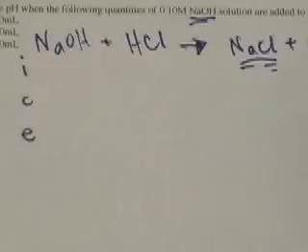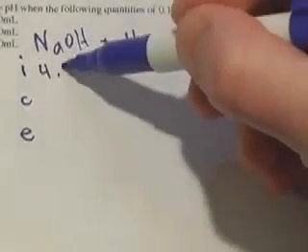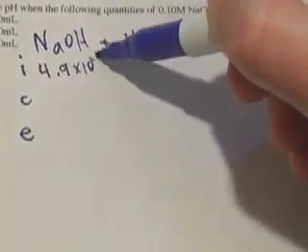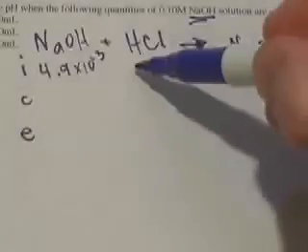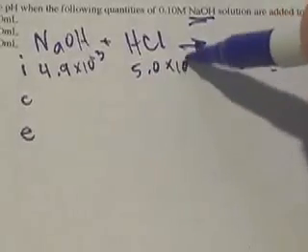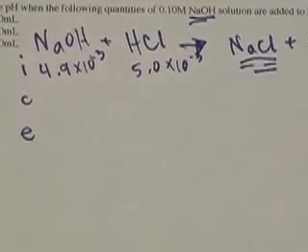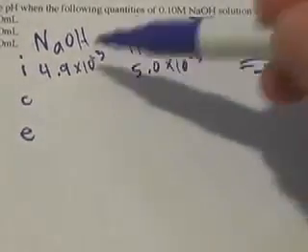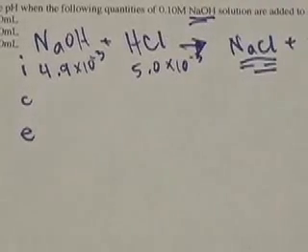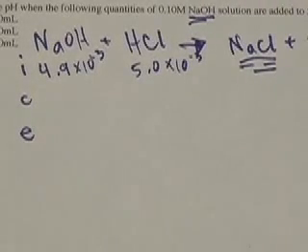Initially, you start with 4.9 times 10 to the negative third moles of this, and 5.0 times 10 to the negative third moles of this. None of this, none of this. Now you have to look and see which one is smaller, because that's the one that's going to be used up.